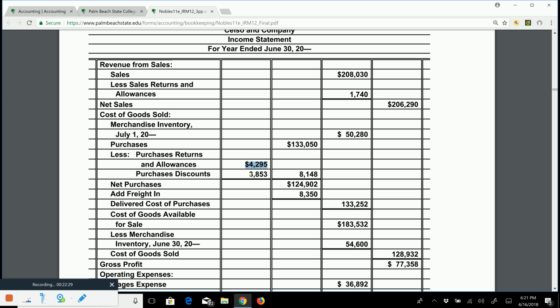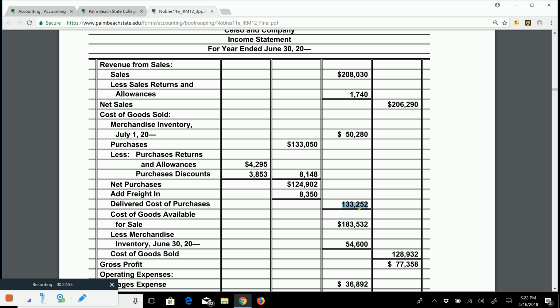There were some purchase returns. There were also some purchase discounts. If you add up your two contra purchase accounts, subtracted from purchases, you get net purchases. That's what we purchased. Now we spent money on freight to get those purchases to us. So net purchases plus the freight gives you our purchases for the period.